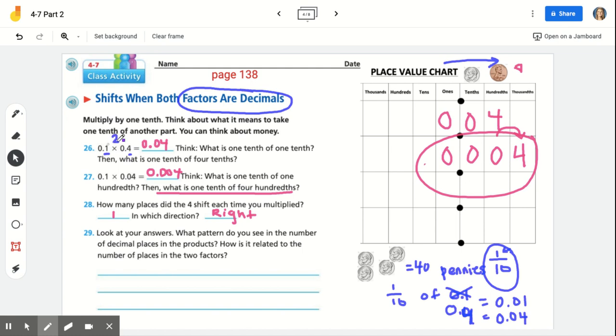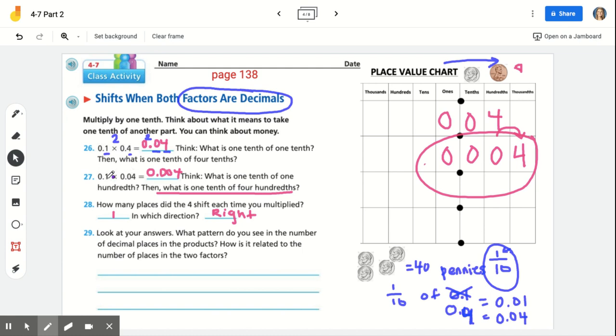So go ahead and write a little 2 above your multiplication sentence, just like I did. And let's count how many decimal places are there in our product of 400ths. Starting with the decimal, we'll work our way over. 1, 2, 2 place values. Go ahead and write the little 2 up there.